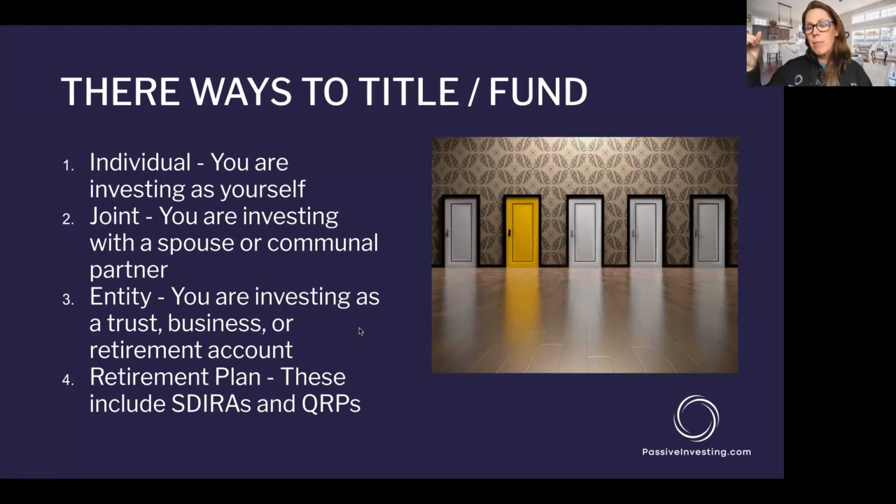Let's say I use Advanta IRA for the benefit of Whitney Elkins-Hutten. That would be how I titled it if I were investing through my retirement account directly. QRP is the same thing, but it's going to be Whitney Elkins-Hutten 401k and whatever the name of the 401k plan I've adopted.